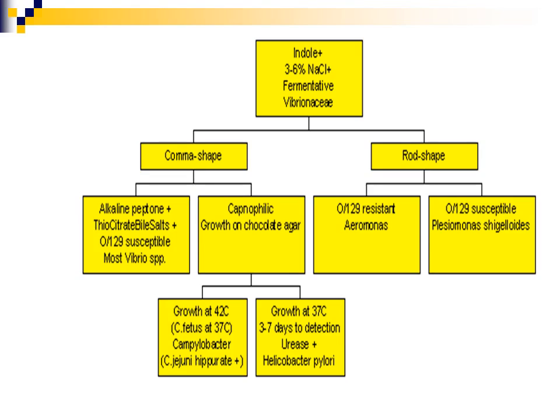Here's another little flow chart, very simplified flow chart. If you had an indole positive organism that's fermentative that can grow in salt, you're probably thinking of a Vibrionaceae member. So this is similar to the chart that was on the last lecture of the fermentative gram-negative rods, but this chart has your Campylobacter and your Helicobacter in it.